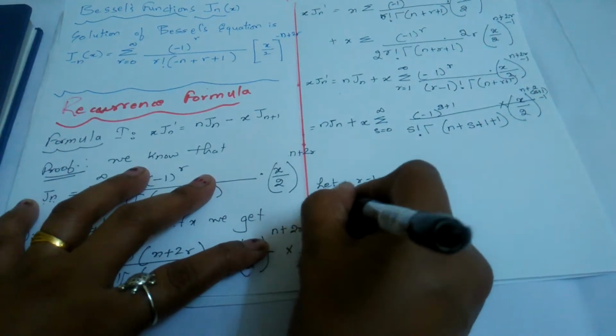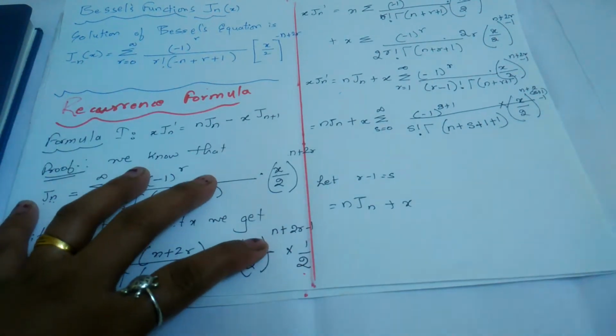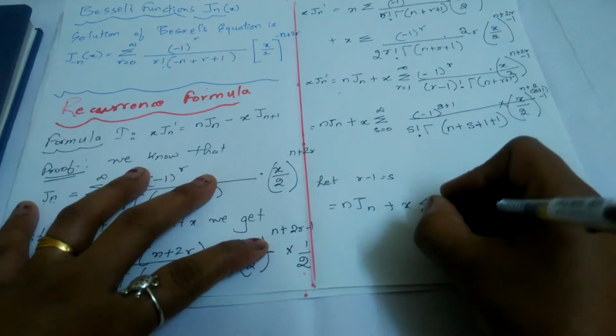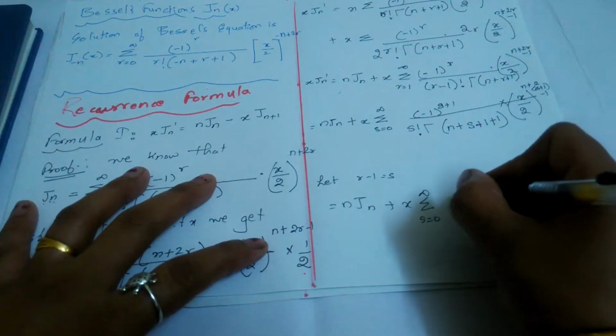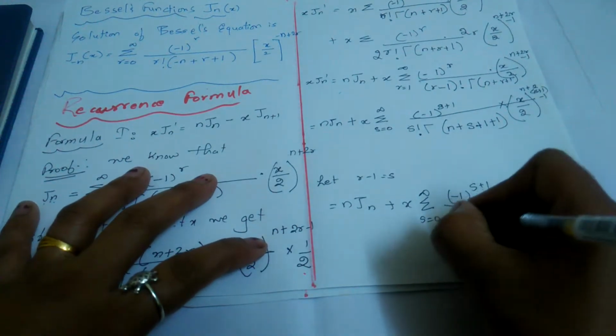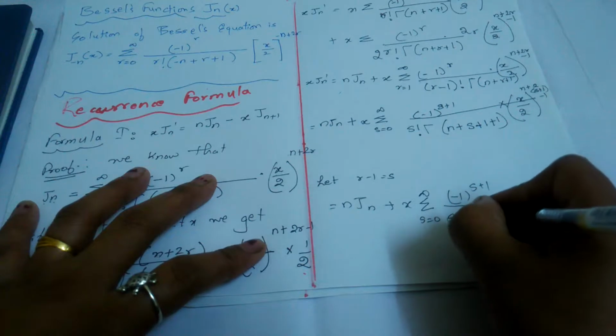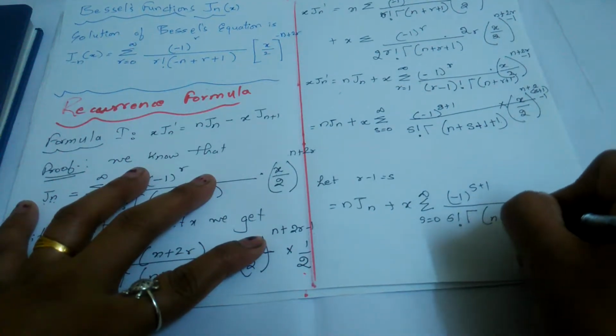So we are getting n J_n plus x, summation of s equals 0 to infinity, minus 1 raised to s plus 1 divided by s factorial. Then this is 1 plus 1, 2, so n plus s plus 2.